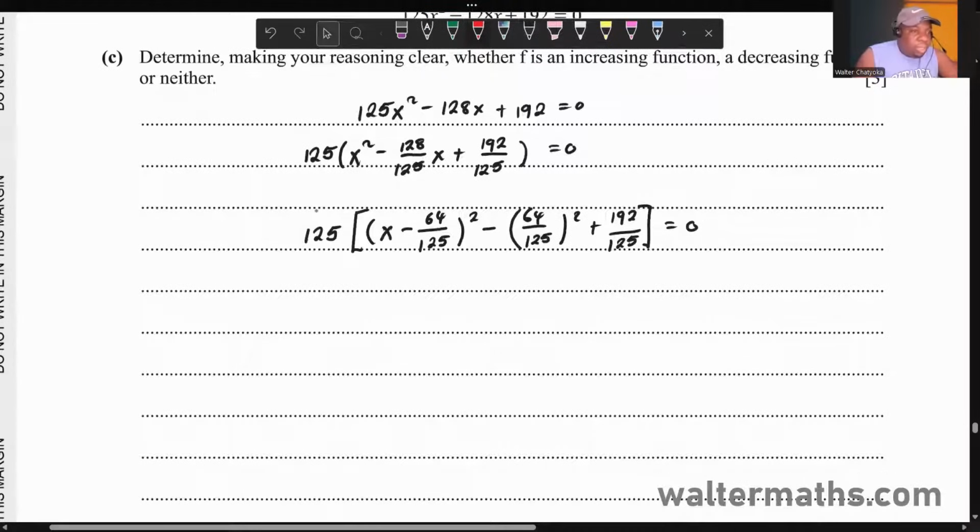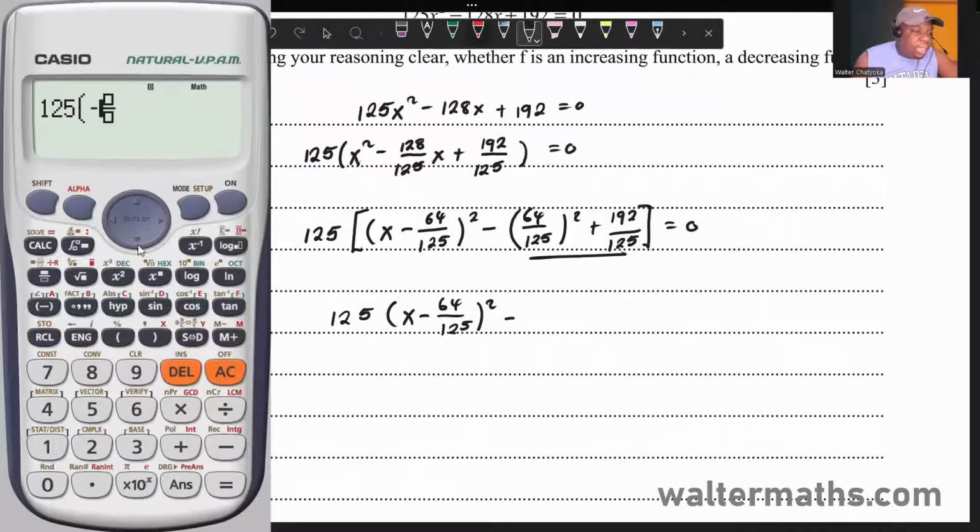So that's going to be 125 of x minus 64 over 125 squared. And for this part, after multiplying by 125, we will get 19904 over 125.